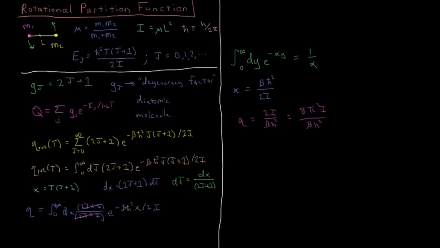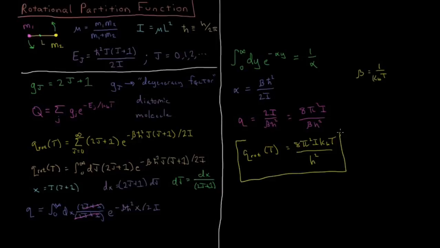Okay, and just for good measure, if we want to substitute in beta, reminding ourselves that beta equals 1 over Boltzmann constant times temperature, we have a beta in the denominator, so that means we have a kBT in the numerator. So our final result for our rotational partition function is going to be 8 pi squared I kBT over h squared.